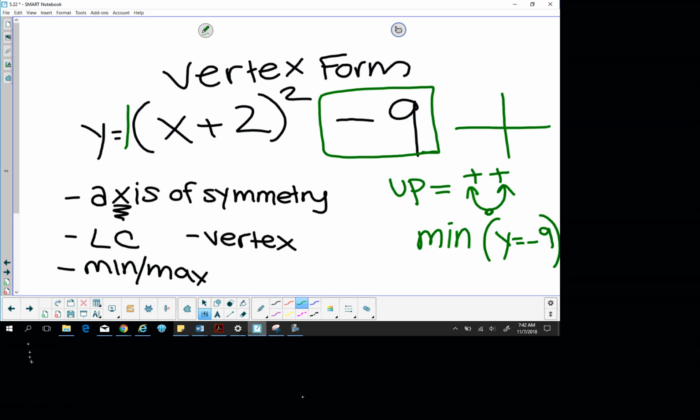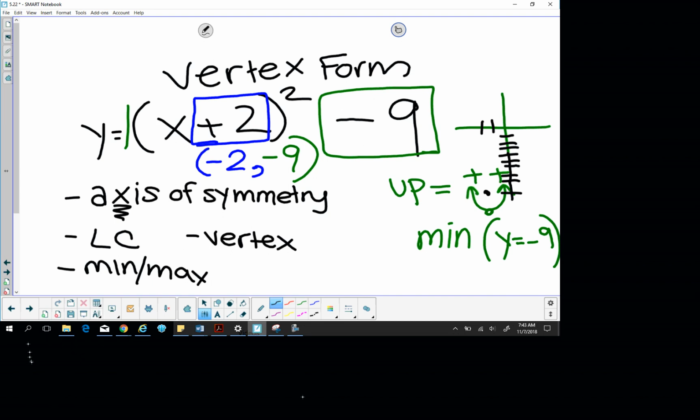What is our vertex here? If it's in the parentheses, is it the same or the opposite? Opposite, right? So this is now going to be -2, and our y coordinate is going to be -9 because that's the same. So that's our vertex, and it would look something like this.